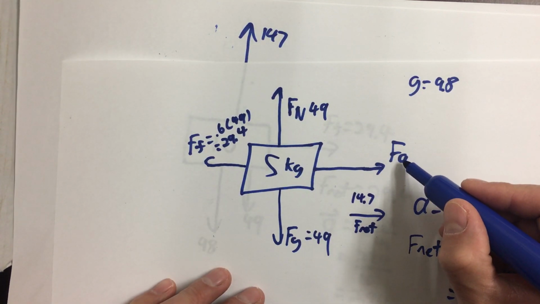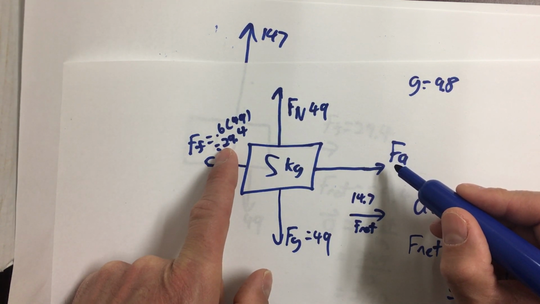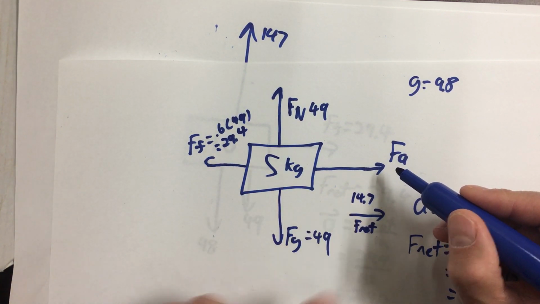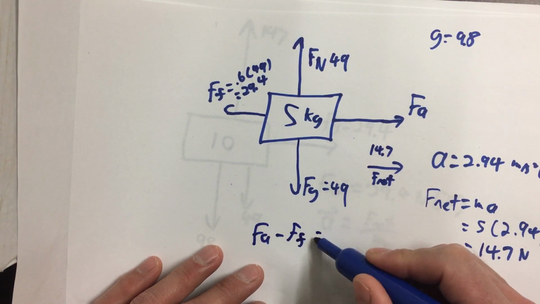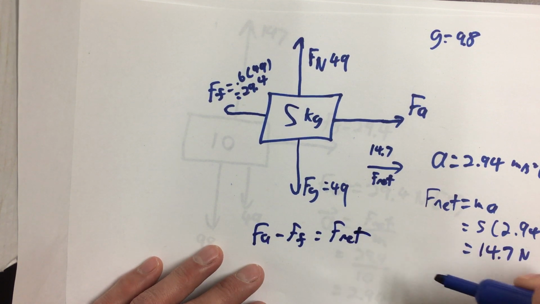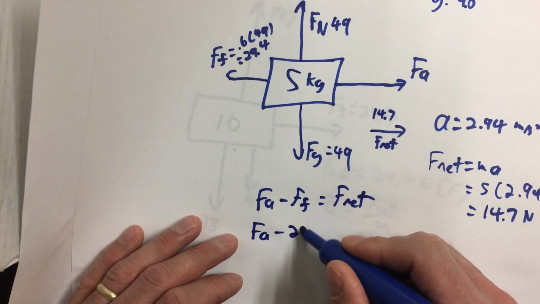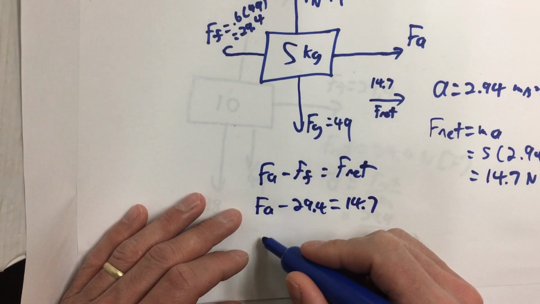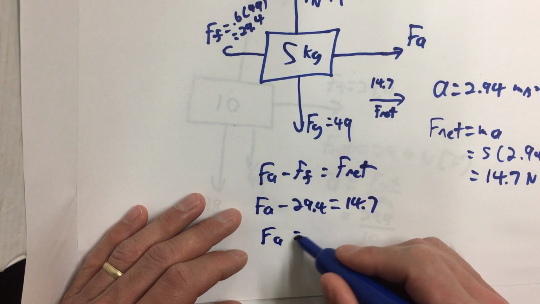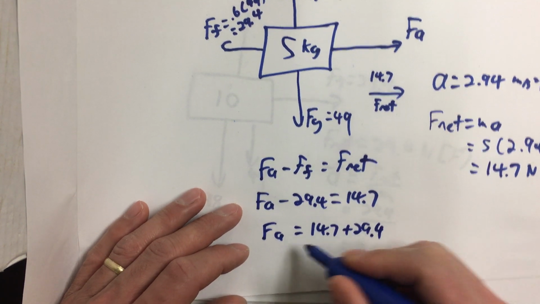That means that the applied force is so great that even when you subtract 29.4 from it, you get 14.7. So the applied force minus the force of friction gives us the net force. Our unknown applied force minus 29.4 gives us 14.7. So our applied force is 14.7 plus 29.4.